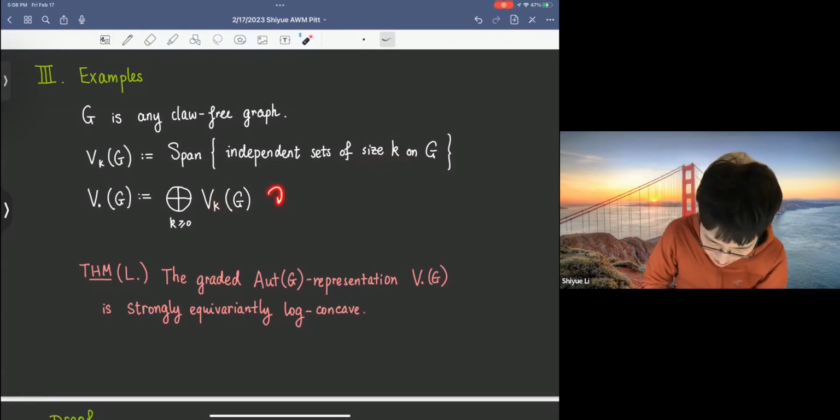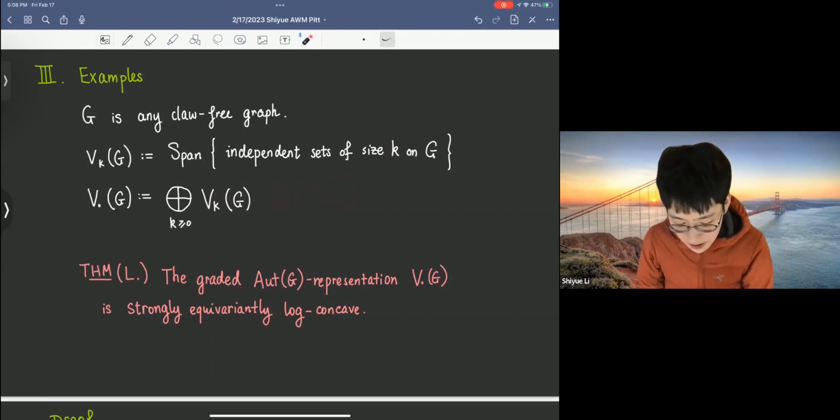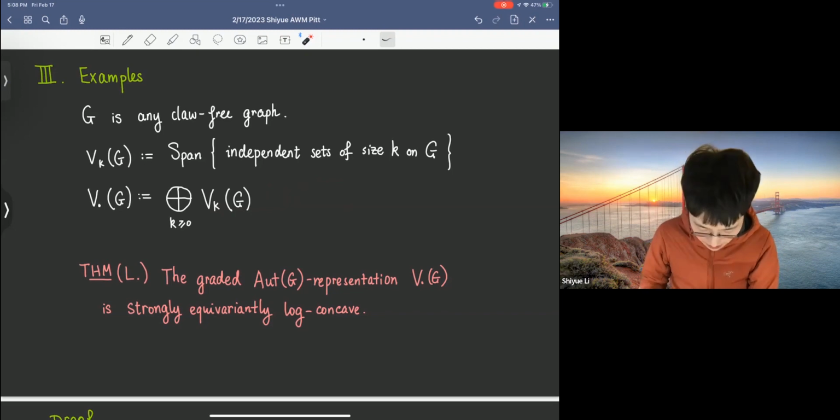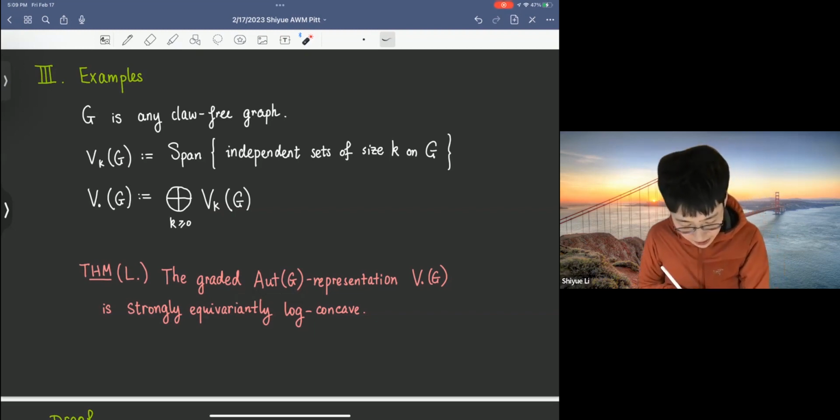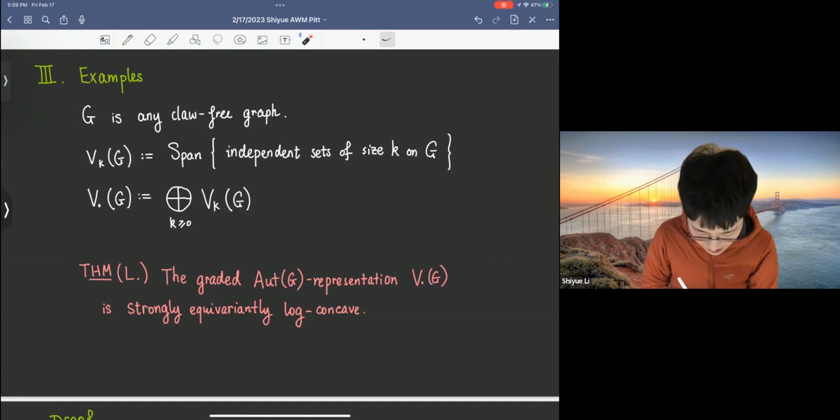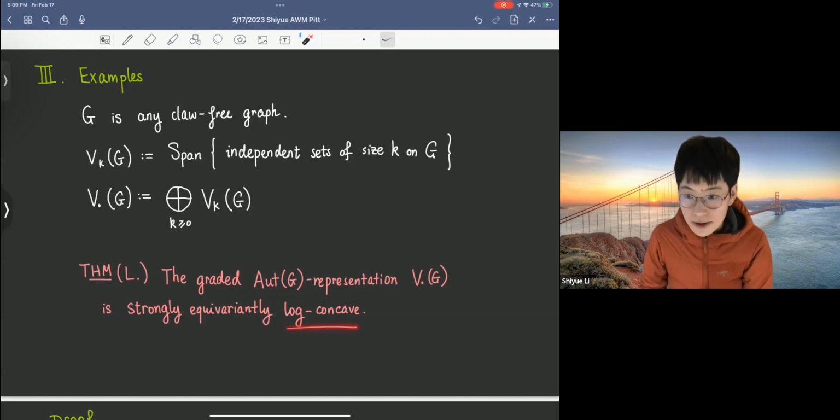And this automatically admits an action by the automorphism group of the graph. And one little theorem that I proved earlier this year, or last year, was that this graded G representation is actually a strongly equivariantly log concave sequence.